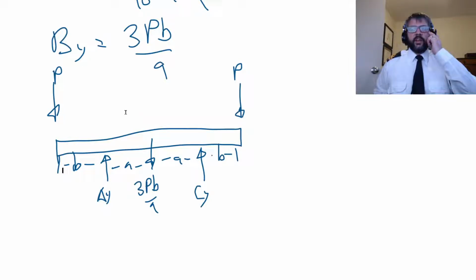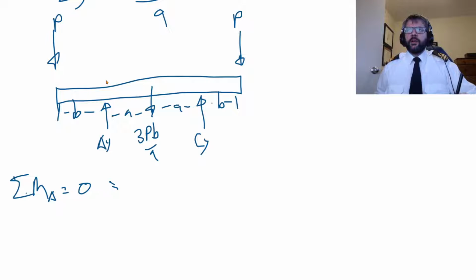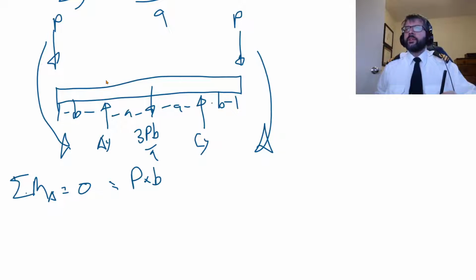So if we just take a moment about A, that's 0. So let's see, we got this P here. So that'll be a counterclockwise moment. So that'll be P times b. Now let's do the other P while we're at it. That'll be a clockwise moment. So it'll be minus P times b plus 2a.